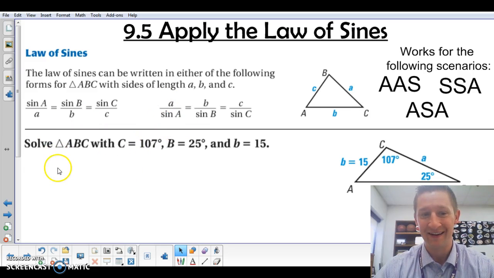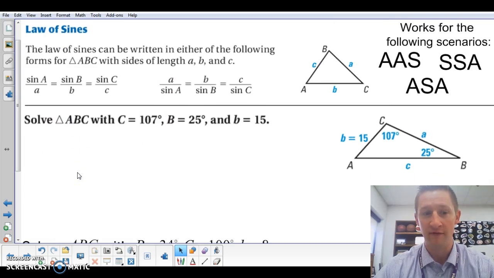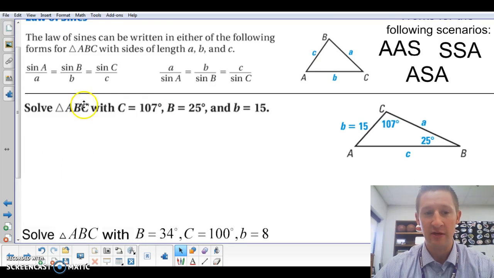Okay. So let's solve a triangle with the law of sines. Solve triangle ABC with C is 107 degrees, B is 25 degrees, and little b, the side length, is 15. So this would be an example of the angle angle side case. That being the case, we're going to use the law of sines to solve for the things we're missing. So, things that I know.